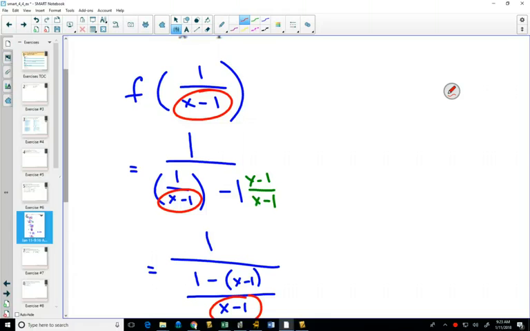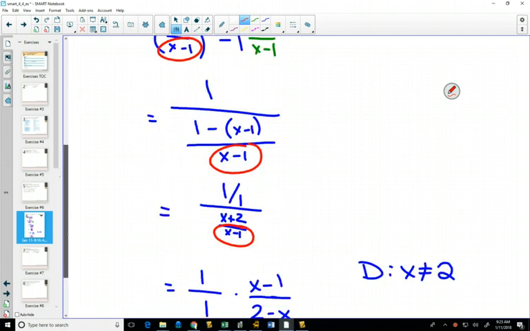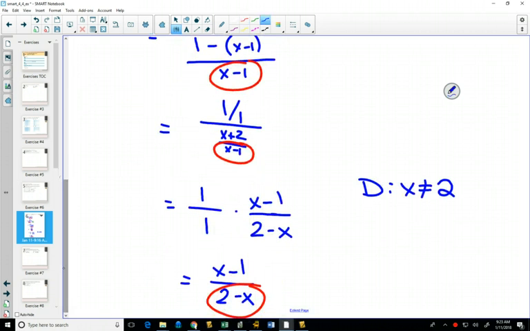So when I look back at all of the places I was dividing, I find out I have another non-permissible value. We also know that x can't equal 1. It's okay that it can be 0 in the numerator, so this x minus 1 in the final answer at the top, that's not causing the problem. But the fact that earlier we were dividing by x minus 1, that means we have to include that in our non-permissible values as well.